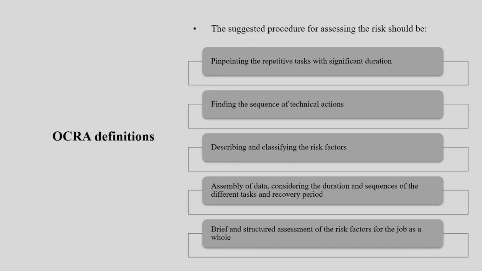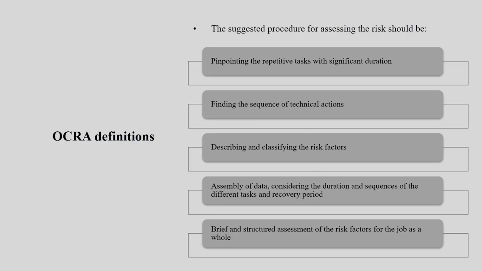So pinpointing the repetitive task with significant duration, finding the sequence of technical actions, that is the job of the researcher, describing and classifying the risk factors, assembling data considering the duration and sequence of the different tasks and recovery periods, and then you need to brief and structure the assessment of the risk factors for a job as a whole. So what you have to do?